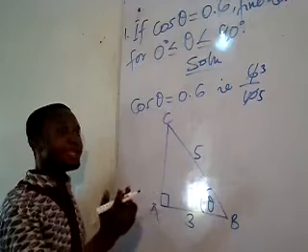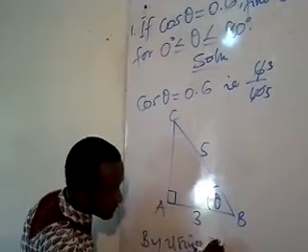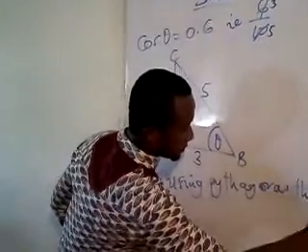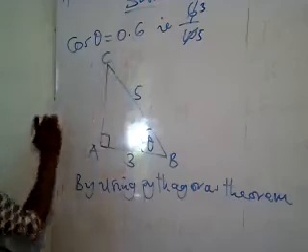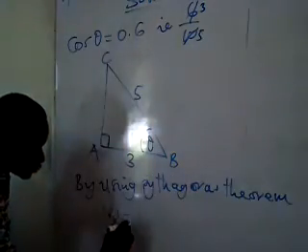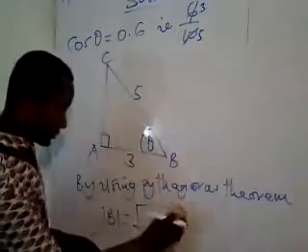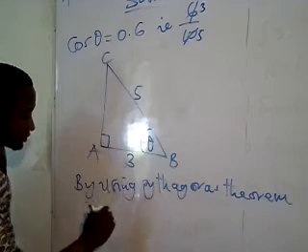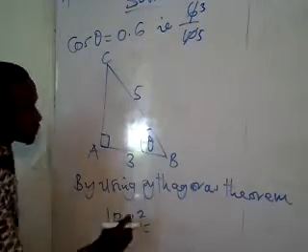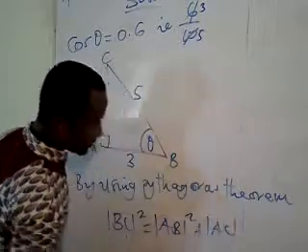Now to be able to find tan theta, we have to find line AC. To find line AC, we can apply the Pythagoras theorem. Using Pythagoras theorem, the longest side is BC, so BC square is equal to line AB square plus line AC square.